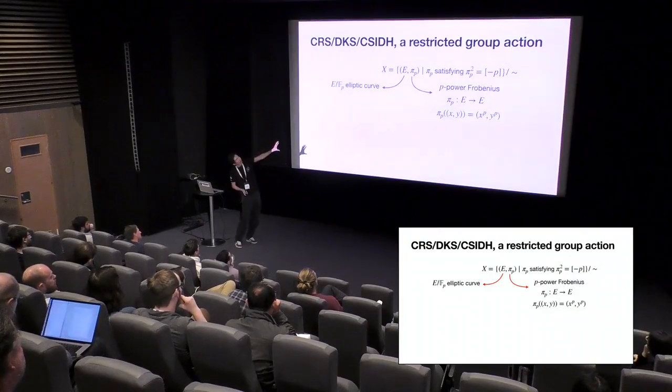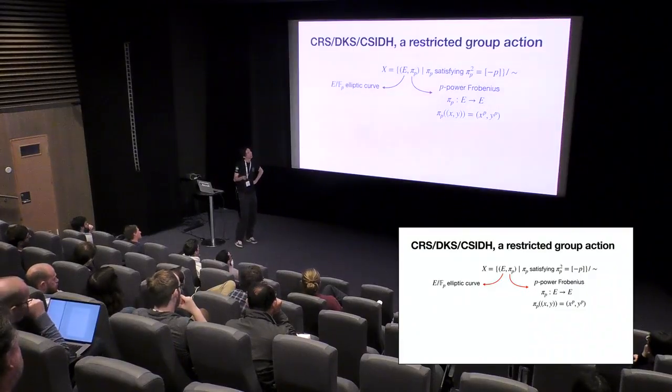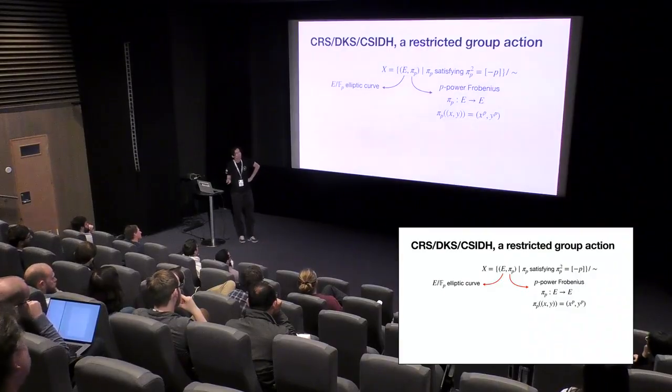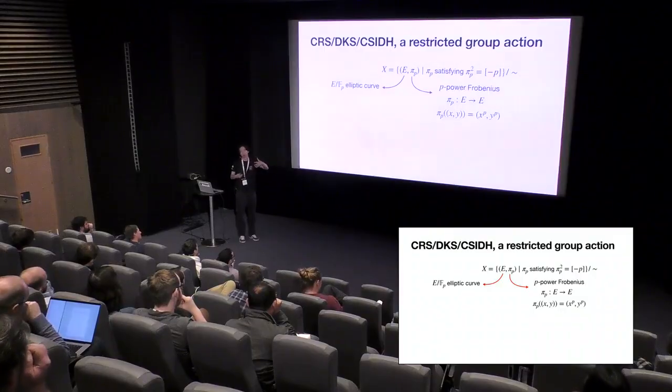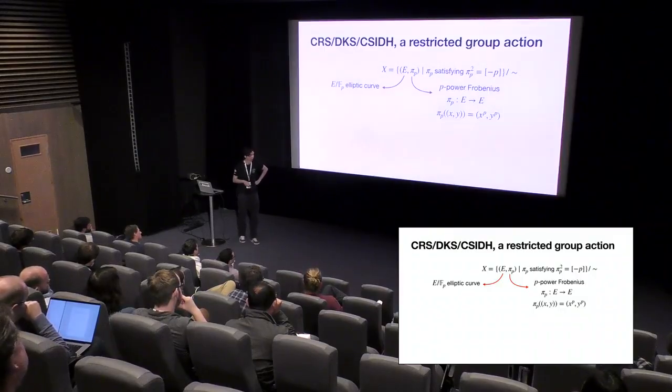My requirement for the set elements is that this Frobenius should satisfy a very specific quadratic equation. Namely, it should square to minus p, which means that if I apply this twice, it will be the same thing as multiplying, or scalar multiplying, a point by minus p.